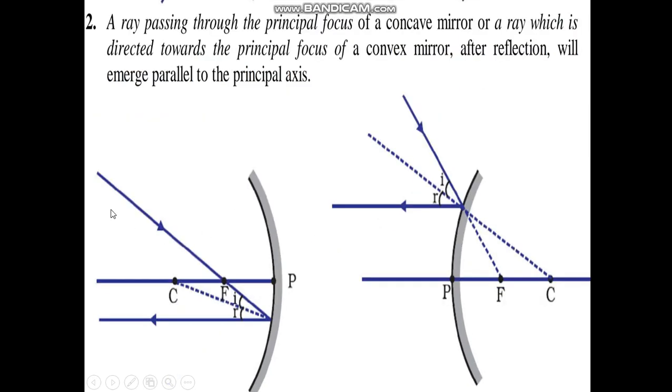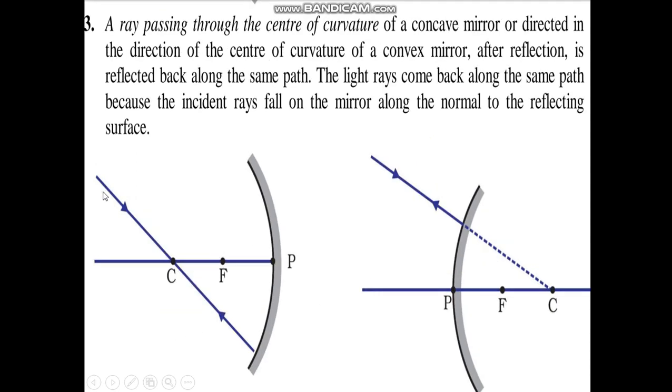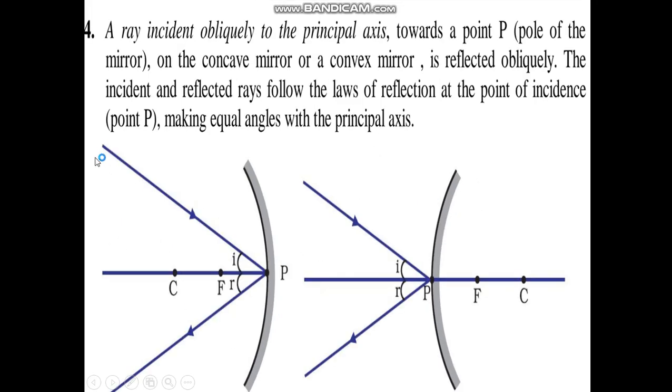Second is, when the incident ray is passing through the focus, the reflected ray will be parallel to the principal axis. Third is, when the incident ray is passing through the center of curvature, then it will pass along the same path. Fourth rule is, when the incident ray is obliquely passing through the pole, then it will pass by making equal angles with the principal axis.